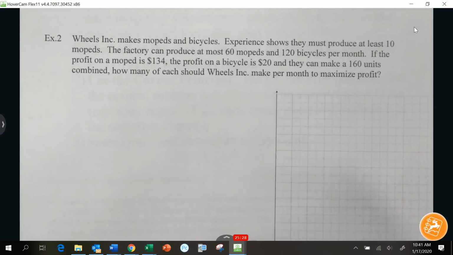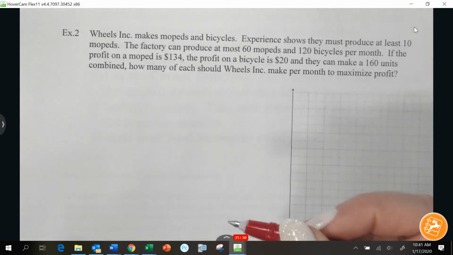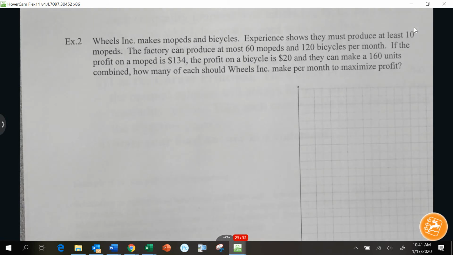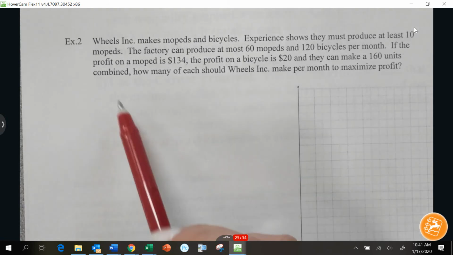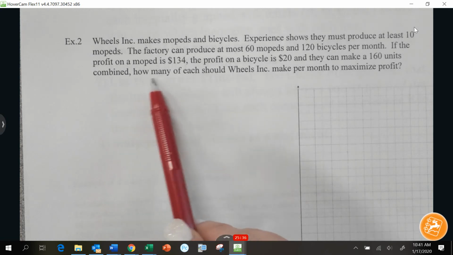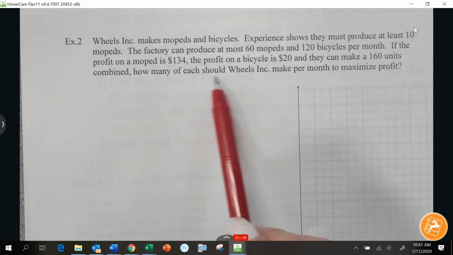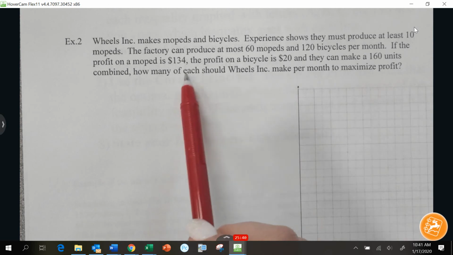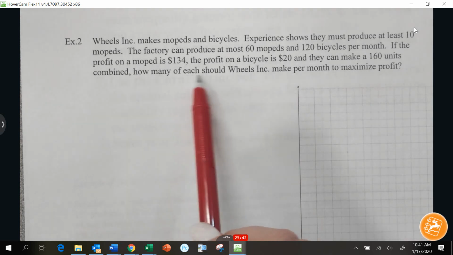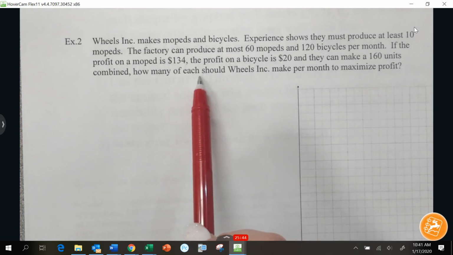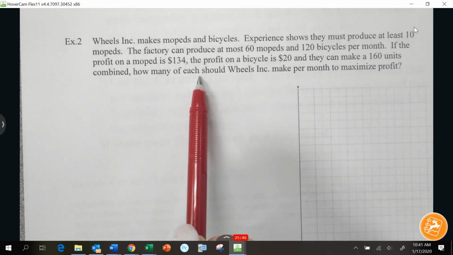All right, what are we going to start with? Variables. What don't we know? Let's read towards the end. How many of each should they make per month to maximize profit? What's each? Mopeds and bicycles.